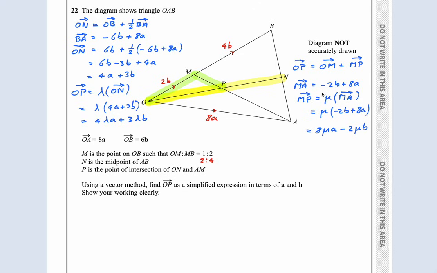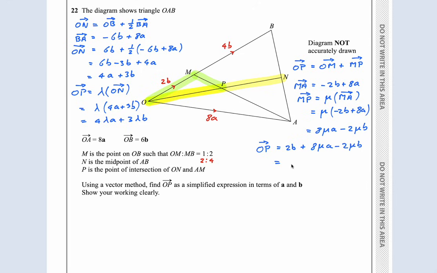Now that's only MP. We still need to get OP. So OP is OM, which is 2b, plus MP, which is this. So it's OM plus MP, and we have MP, it's 8 mu a minus 2 mu b.